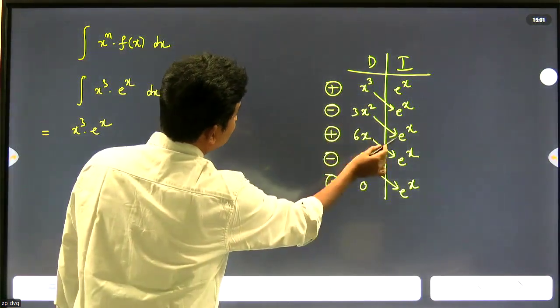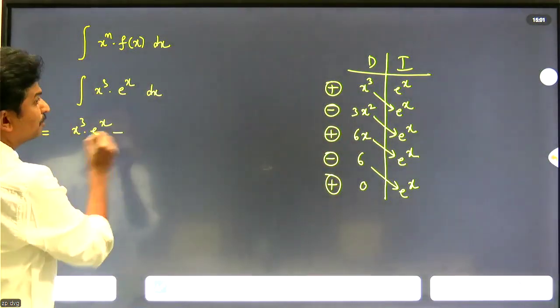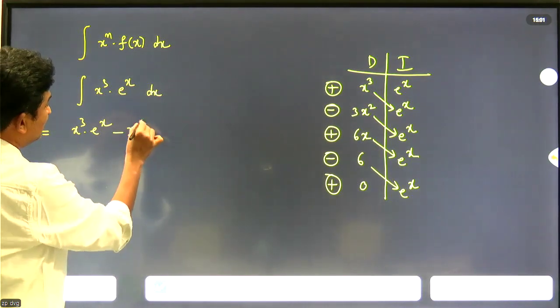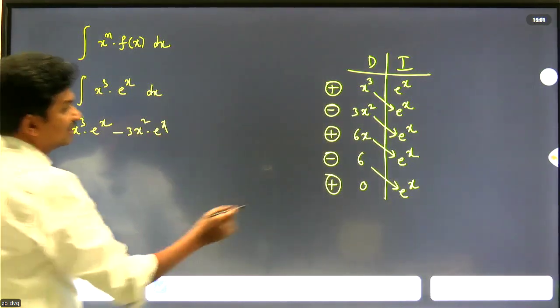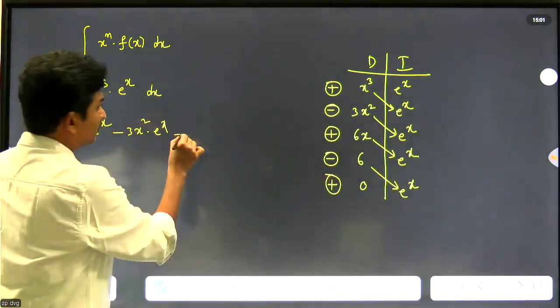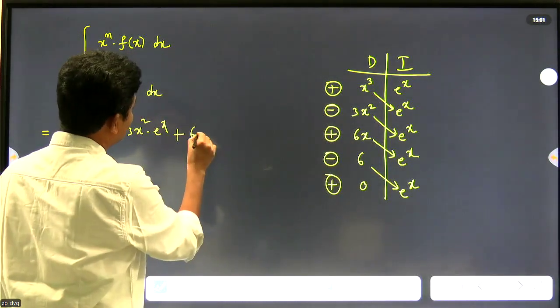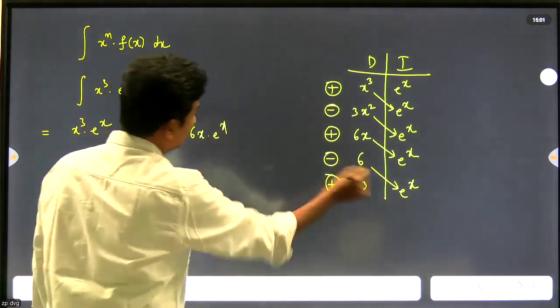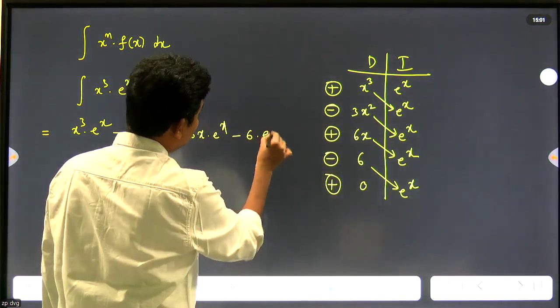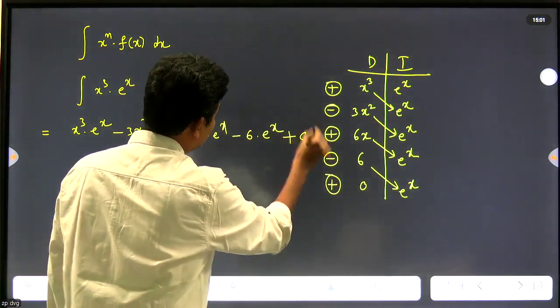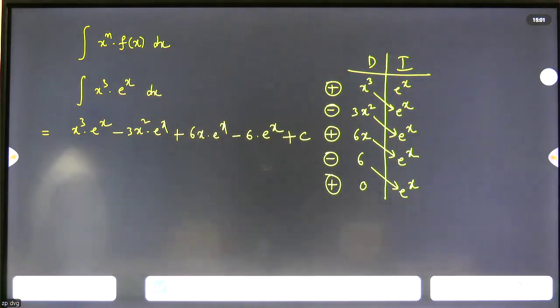Minus of plus is minus: minus 3x square into e power x plus 6x into e power x minus 6 into e power x. At the end, you write the integral constant plus c, right?